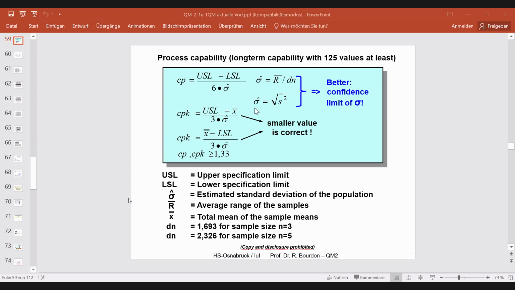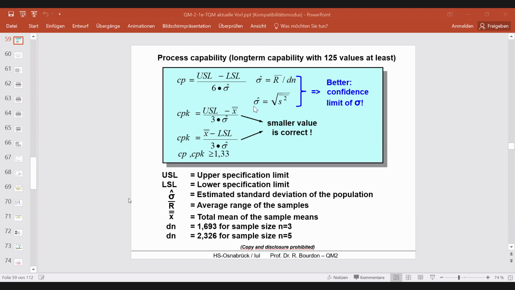If you take the lower confidence limit for sigma roof, it is the best case, and if you take the upper confidence limit here for the estimation of sigma roof, then it is worst case.